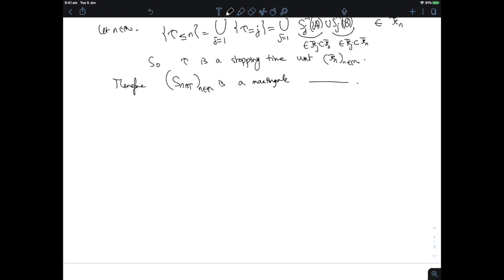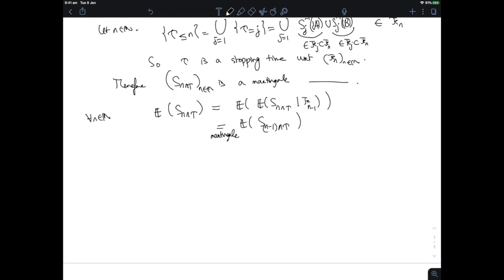But being a martingale tells me that the expectation, for any n in N, of S_n minimum tau is going to have to be the same as the conditional expectation of S_n minimum tau given, let's say, F_{n-1}. But this conditional expectation has to be S_{n-1} minimum tau, right? Because S_n minimum tau is a martingale. That's the martingale property, and the first one was one of the properties of conditional expectation.